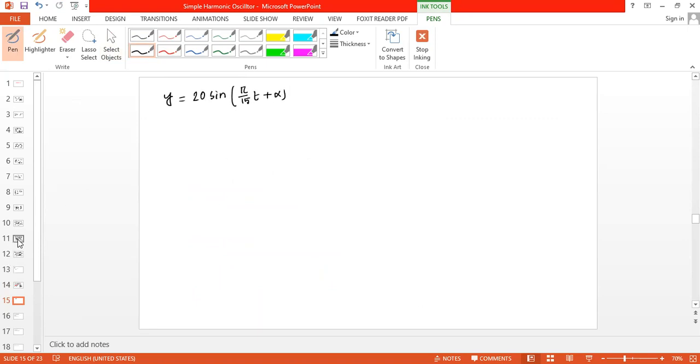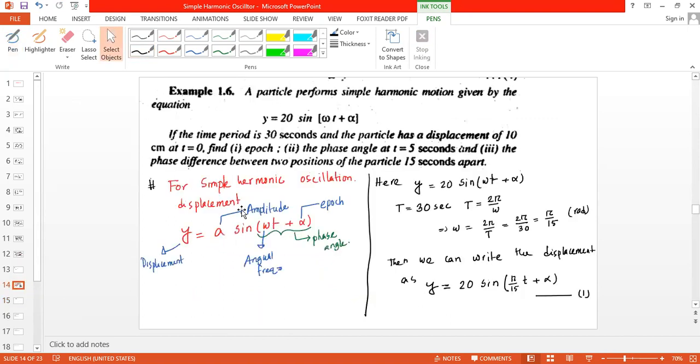Alpha is my epoch. The condition given is that at t equal to 0 second, y equal to 10. The displacement y is 10 centimeter when t equal to 0.